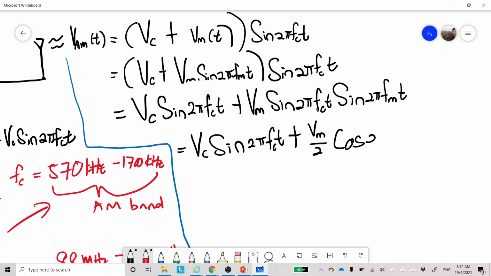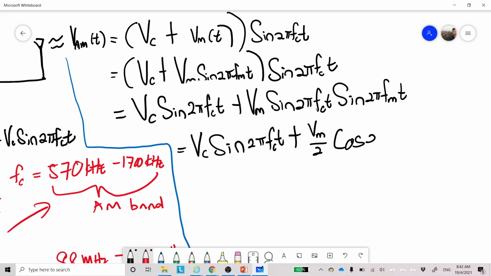Now once you have the AM equations, then you can draw the amplitude spectrum. Remember, when you draw the amplitude spectrum, you must label the axis. For example, here is F, frequency, versus voltage.